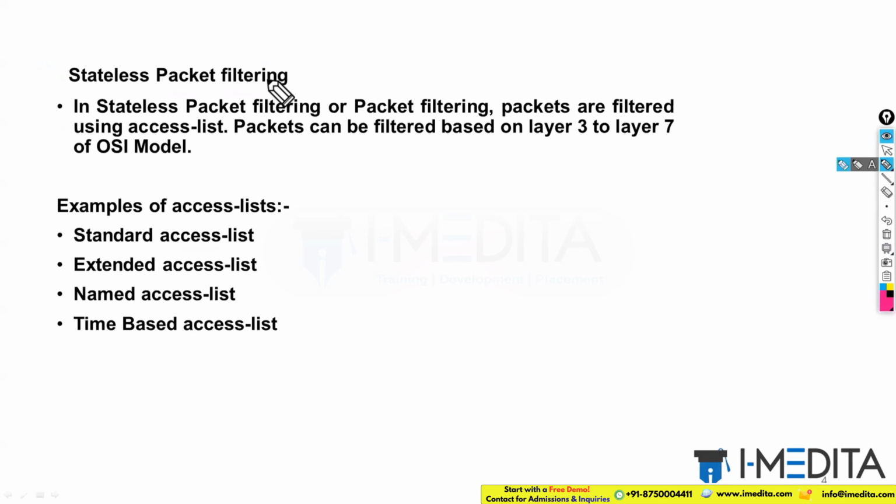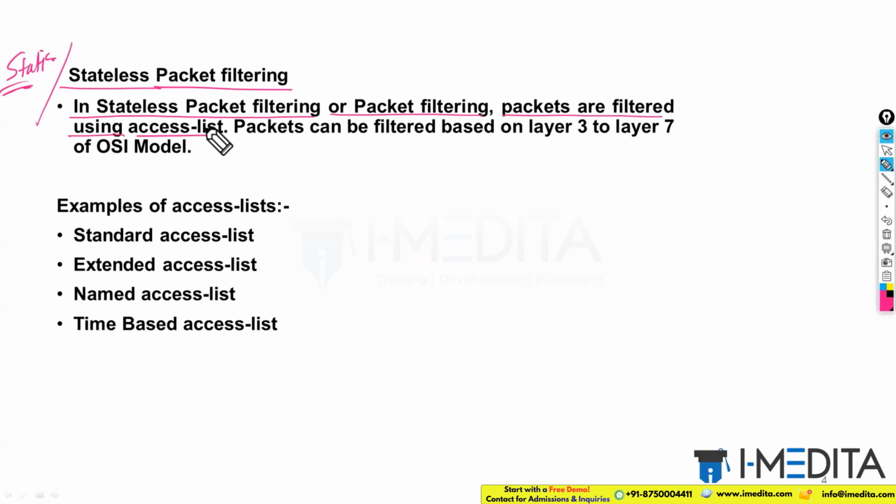So what is packet filtering? Some people call it packet filtering or stateless packet filtering, and some even call it static packet filtering. In stateless packet filtering, packets are filtered using access lists.